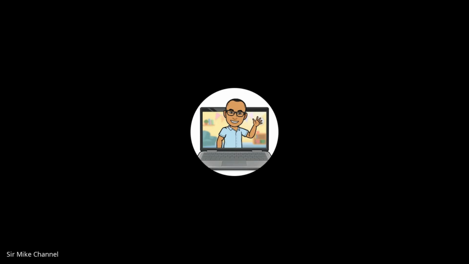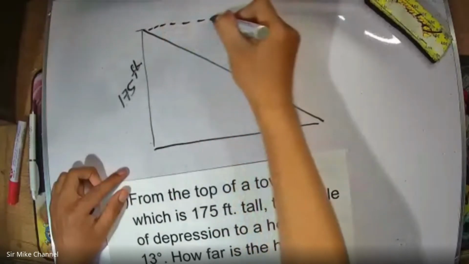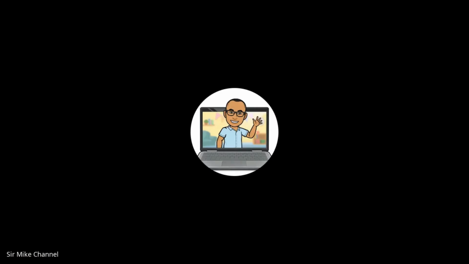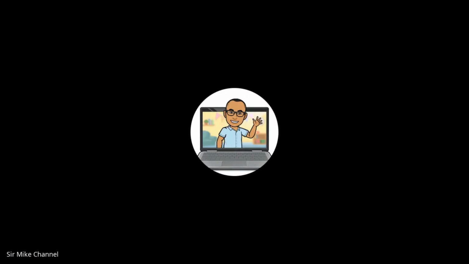And the angle of depression, so pababa yan. So ito yung horizontal line natin. So ito yung line of sight. So 13 degrees. How far is the house? Ito yung house from the tower. So ito yung nawawala.